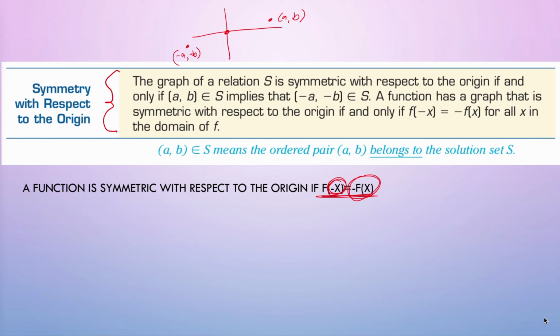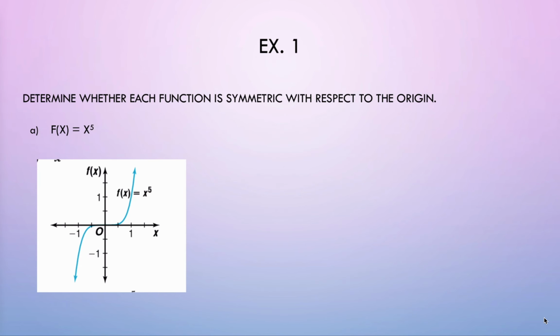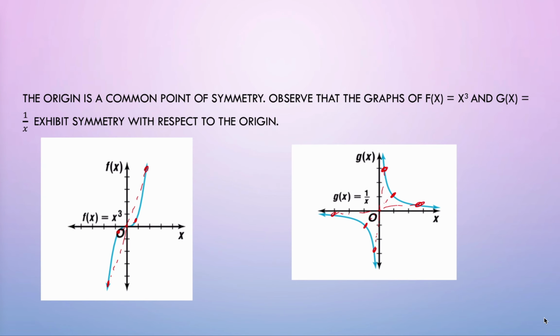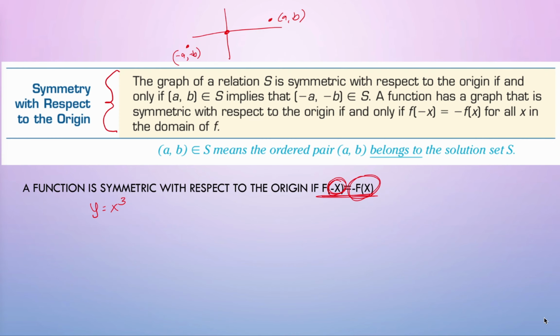So let's say I have a basic cubic function, y equals x cubed, which we saw back here is symmetric with respect to the origin. One point that is on this function is the point (2, 8).